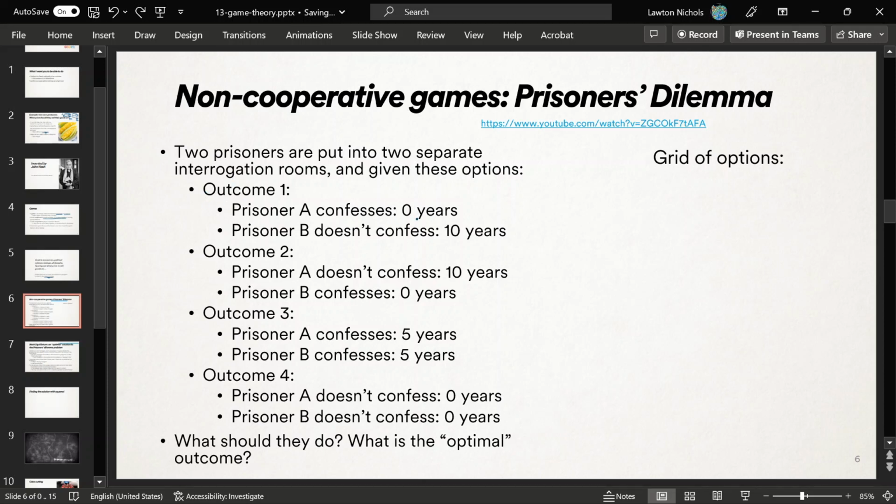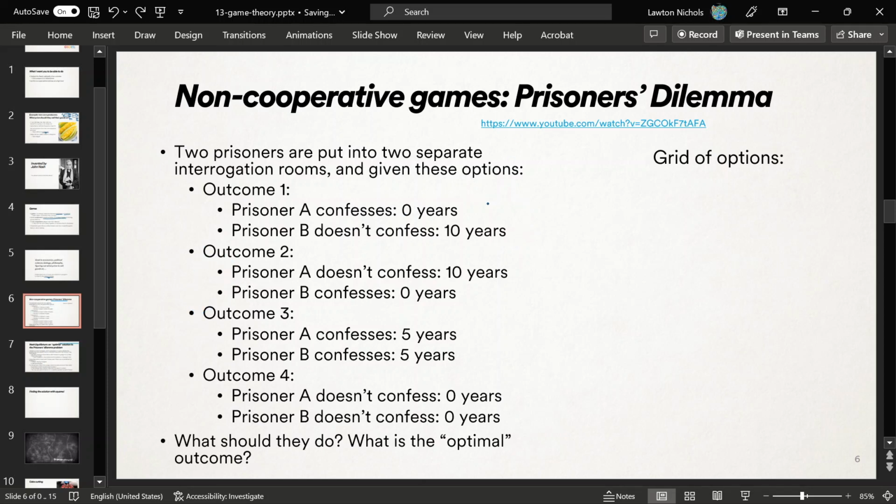If prisoner A confesses and prisoner B does not confess, then they're actually going to let prisoner A go free. Prisoner A confesses to the whole crime. They both did it. That person gets to walk out for free, but the person who did not confess in the other room will be sent to jail for 10 years. All right? So if prisoner A confesses, but B does not, prisoner A is walking free, prisoner B gets 10 years. The flip side works too.